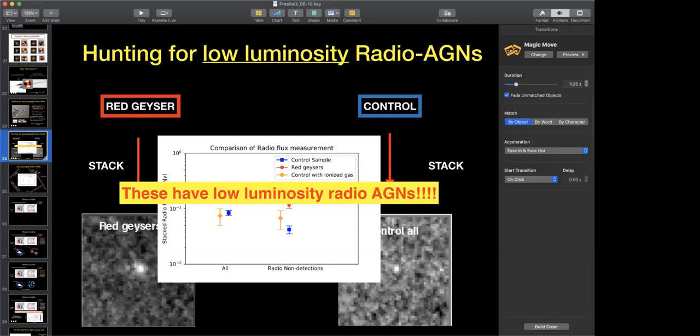It's the fraction of red geysers you are seeing in the elliptical galaxies in a volume limited area, and you can transform that fraction to a time scale, like how often you are seeing them.